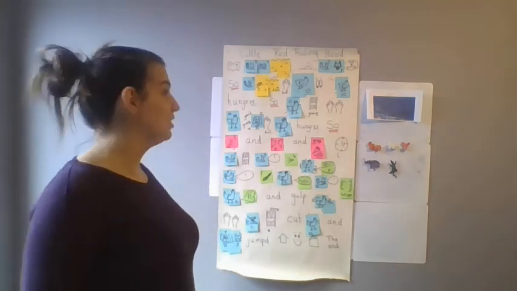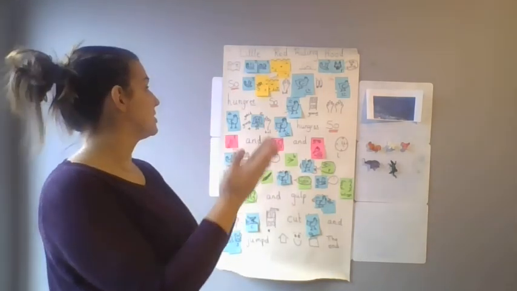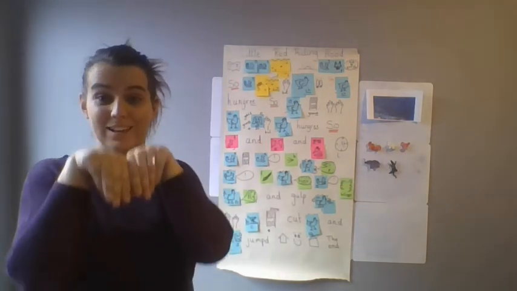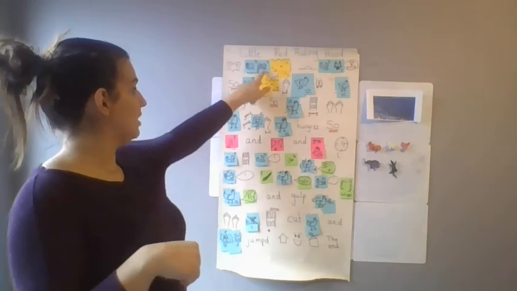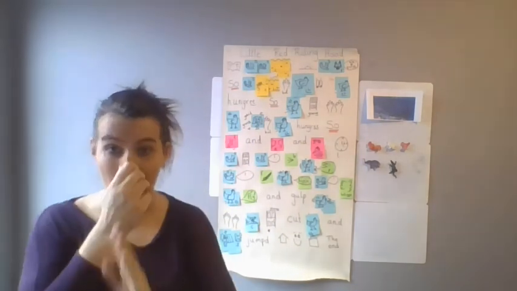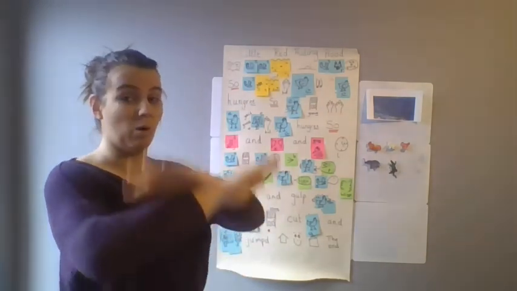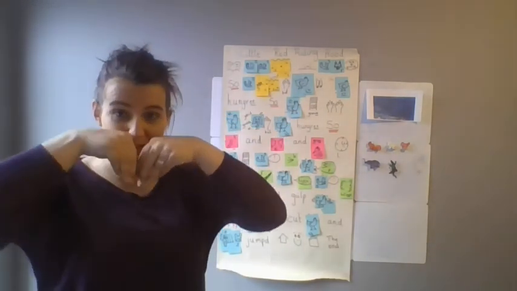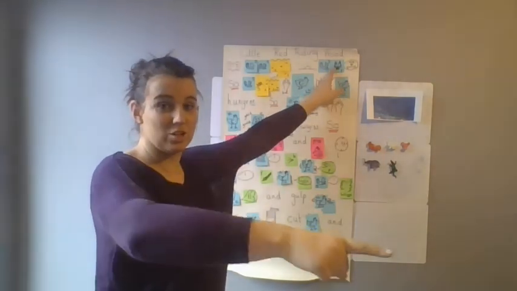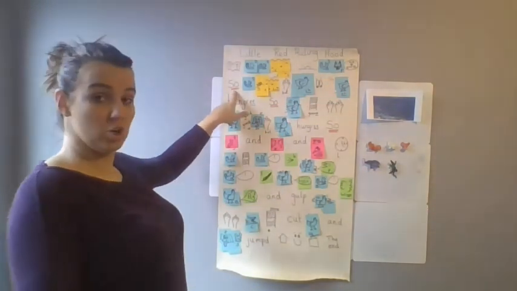Okay? Ready? Once upon a time, there was a little squirrel called Little Red Squirrel. The squirrel lived in the ocean. One day, the squirrel's mum, Rabbit, said, "Take this to Granny's house."